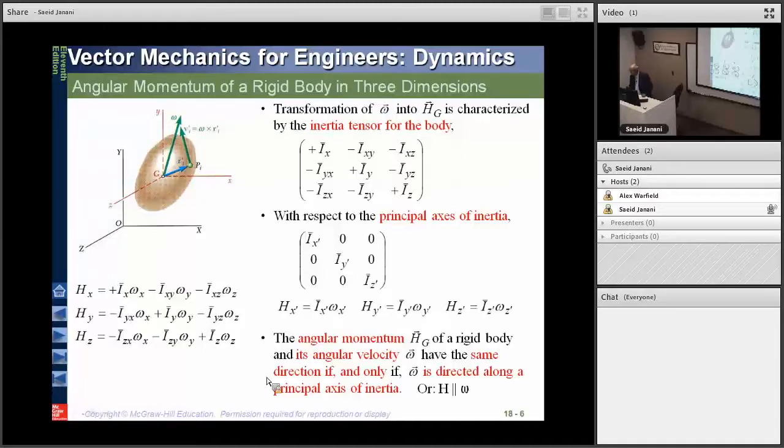So this is h of x, and this is h of y, and h of z. This is just some derivations that we're going to use later.